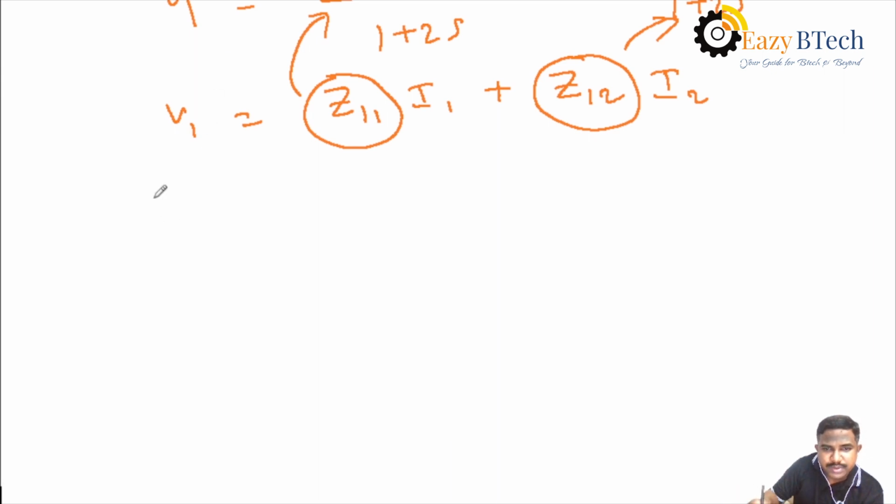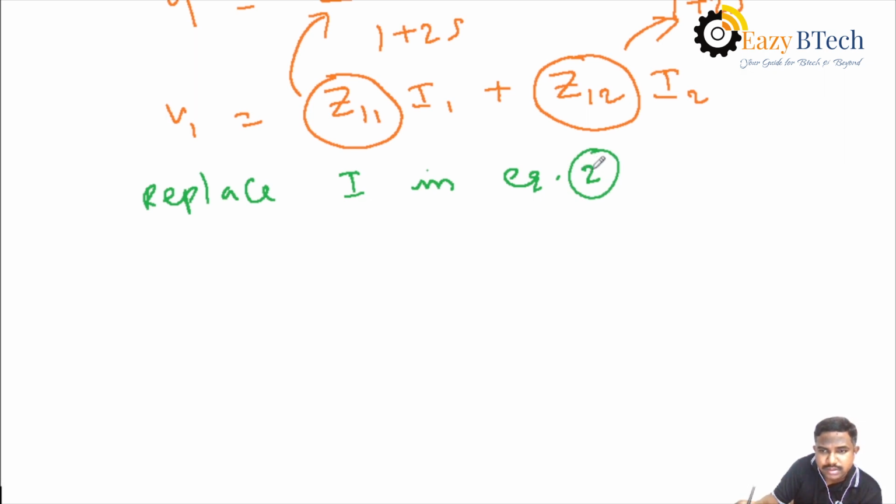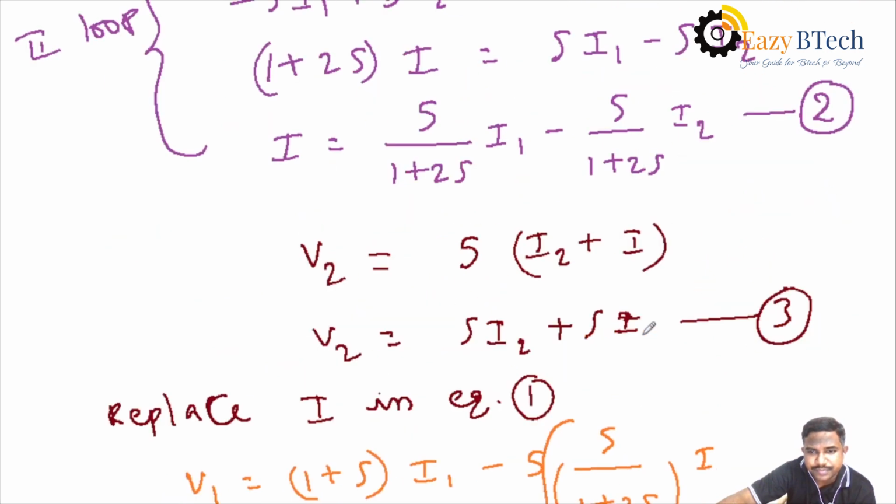Then, what is the next step here? Replace the value of I in equation 3. What is equation 3 here?